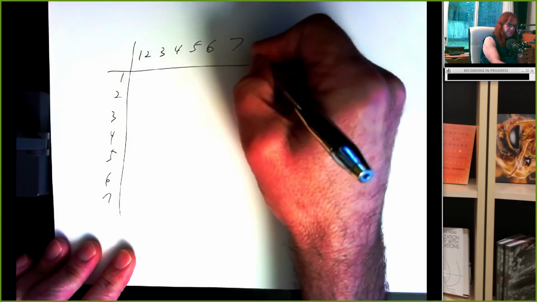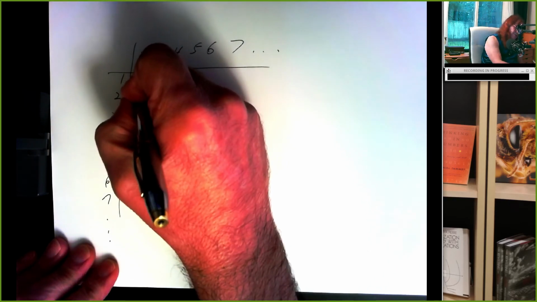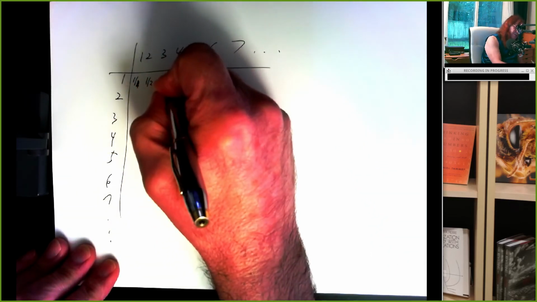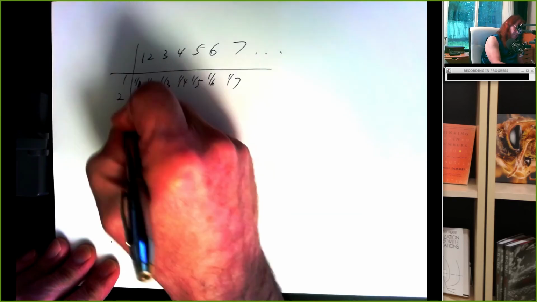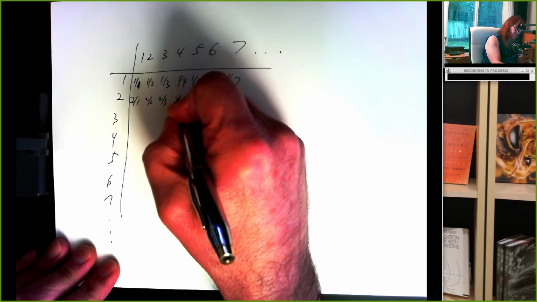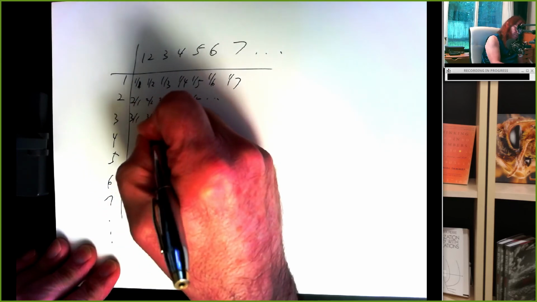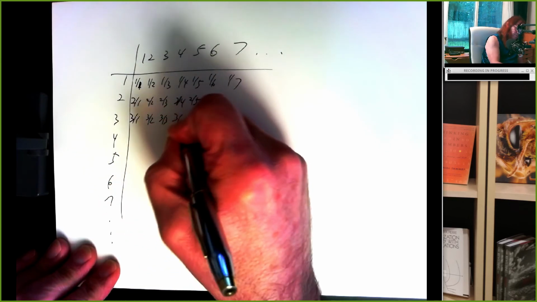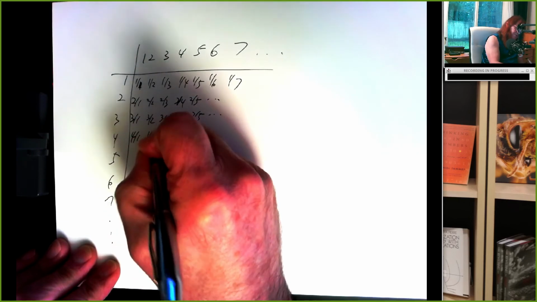So let's just put all of our integers on our two axes, and let's write our fractions like this. I'm not going to do the whole thing.